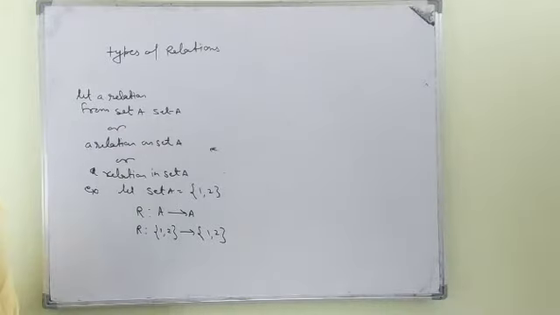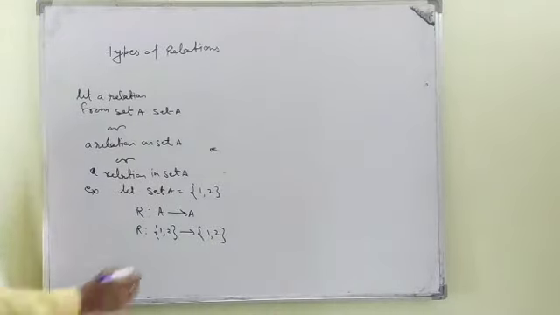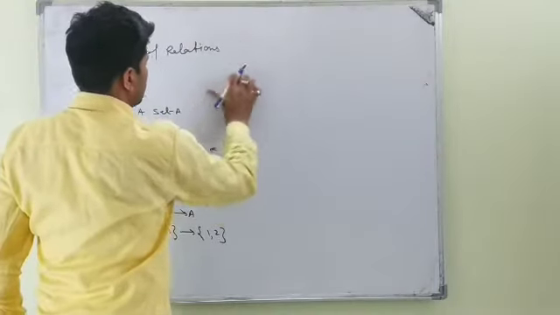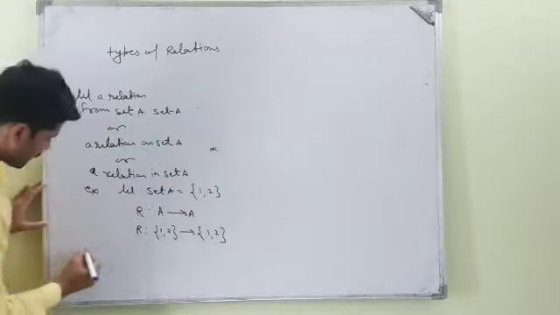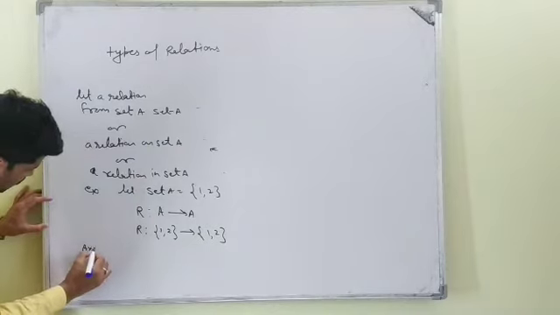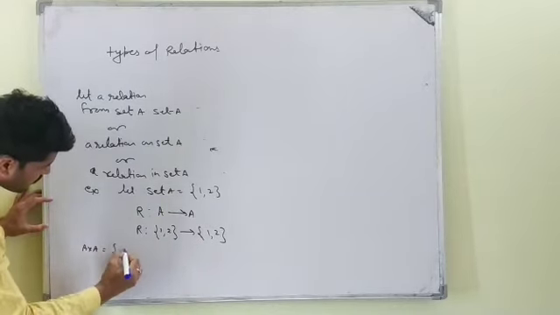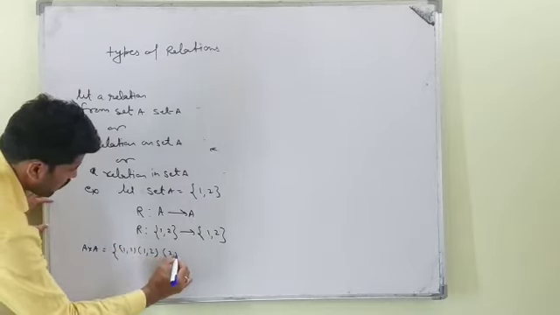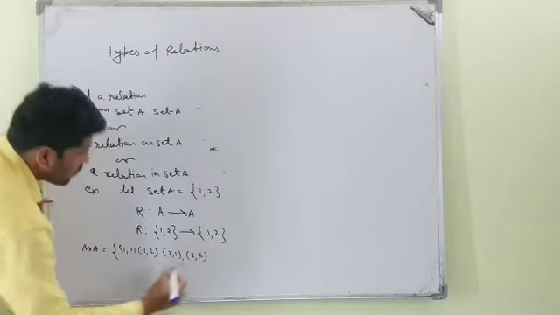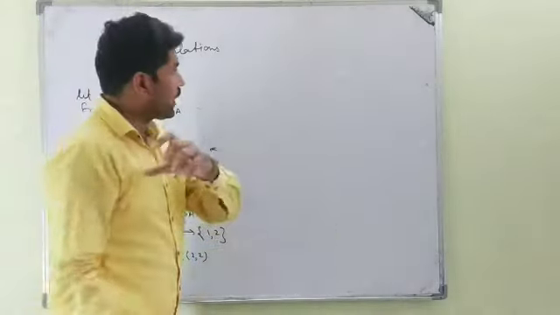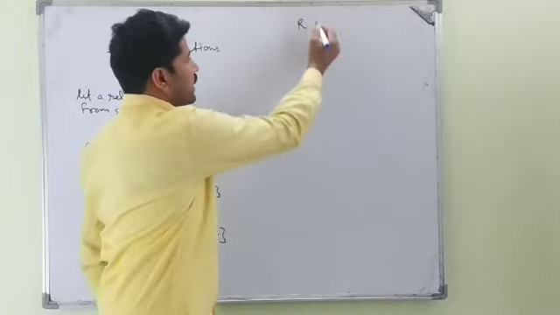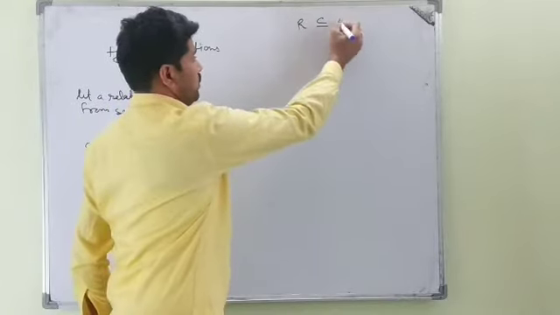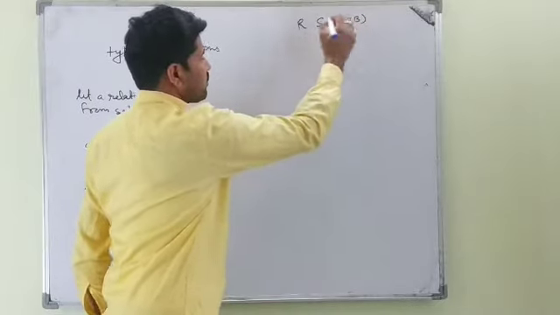Before the empty relation, I will write it. A cross A is the Cartesian product: (1, 1), (1, 2), (2, 1) and (2, 2). You know the definition. What is the relation? I defined already. The relation means R is a subset of or equal to the Cartesian product.